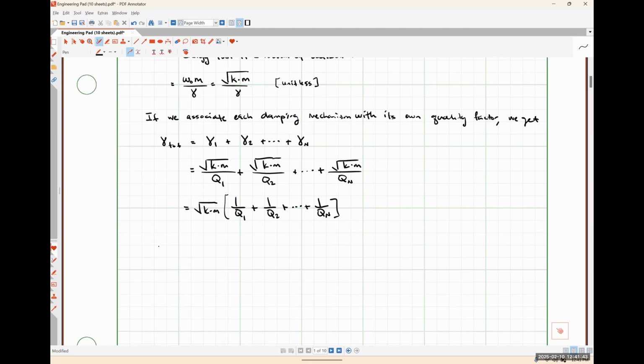And from here, we would then say that gamma total over root km is just the sum of the reciprocals of our quality factors.